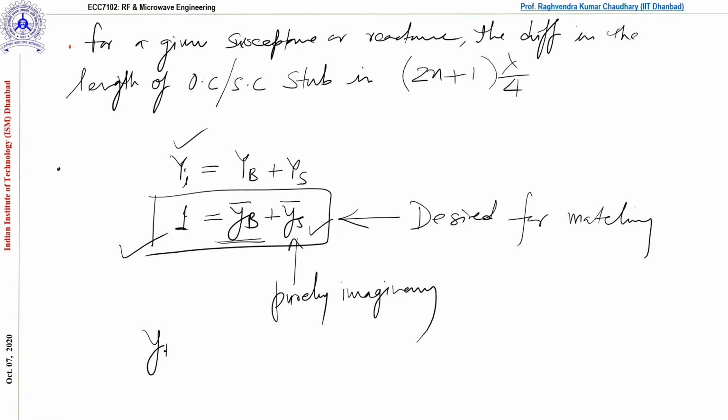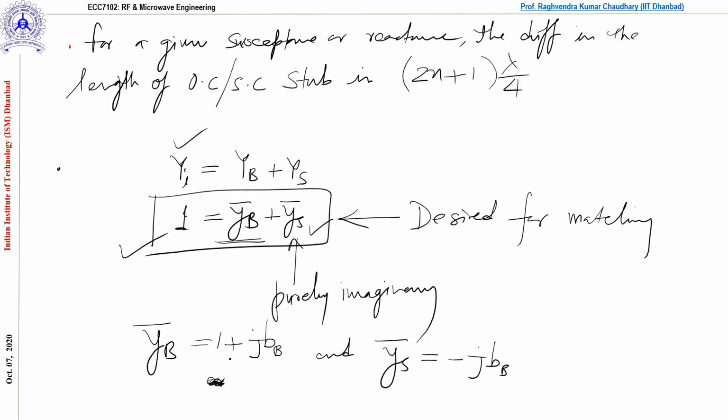The solution of this equation will be yb bar is 1 plus j bb, and ys bar will be minus j bb. So this is the possible solution if I write.